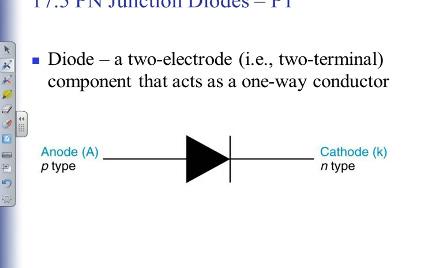So when we had tubes, we had anodes and cathodes. When we have diodes, we brought those same words with us. We think of the anode as an A for add, which is a positive sign. We think of the cathode as not being the anode, it has to be negative. Okay, so that's how we remember the difference between an anode and a cathode.